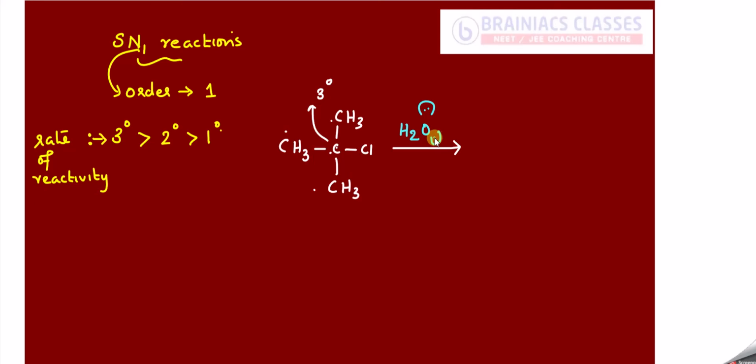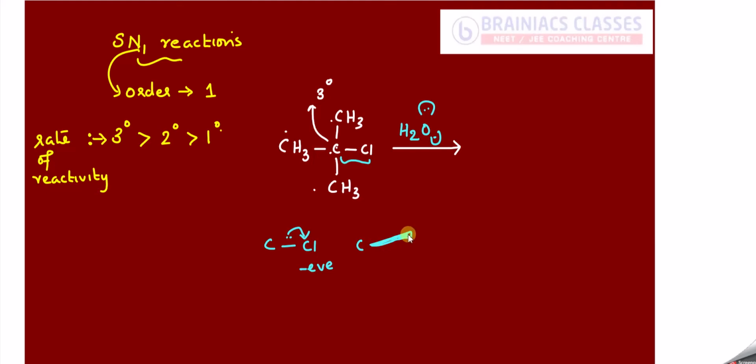Now what will happen during the reaction? In the first step, the carbon-chlorine bond is a polar bond. Why is it called a polar bond? Because chlorine is highly electronegative, the electrons will stay near the chlorine. And what will happen here? The bond will be like this here.